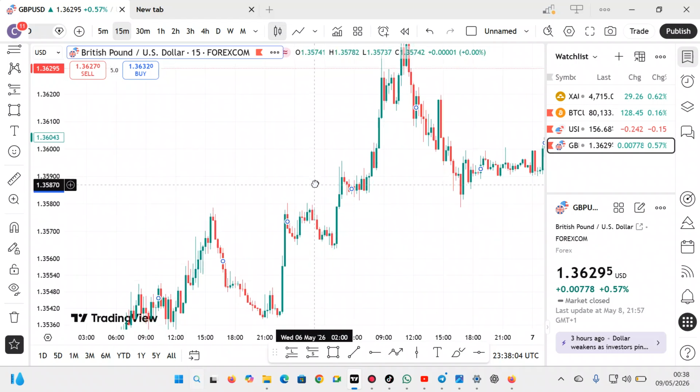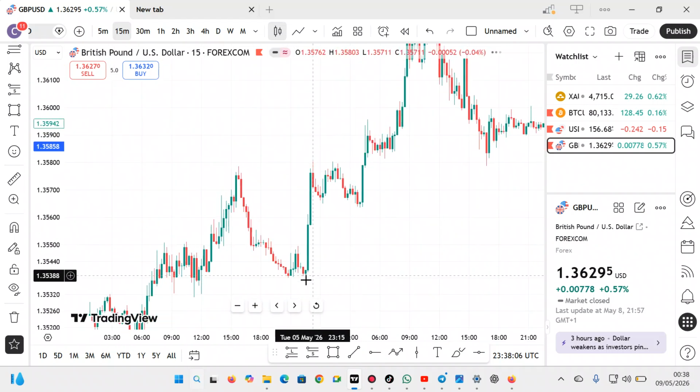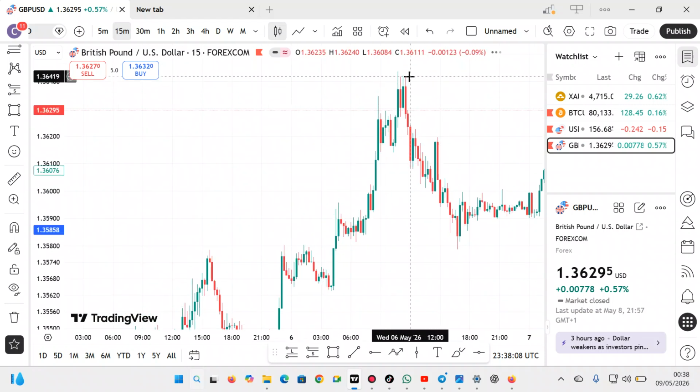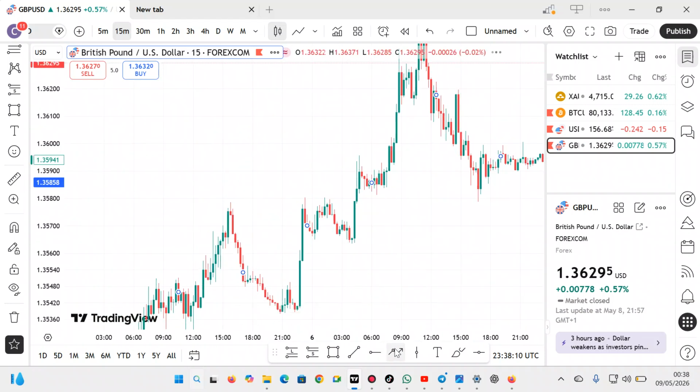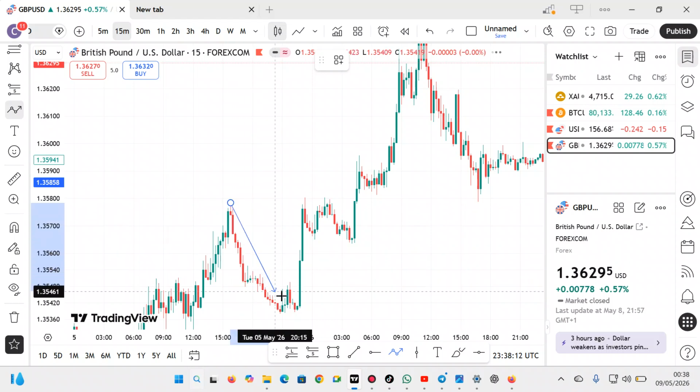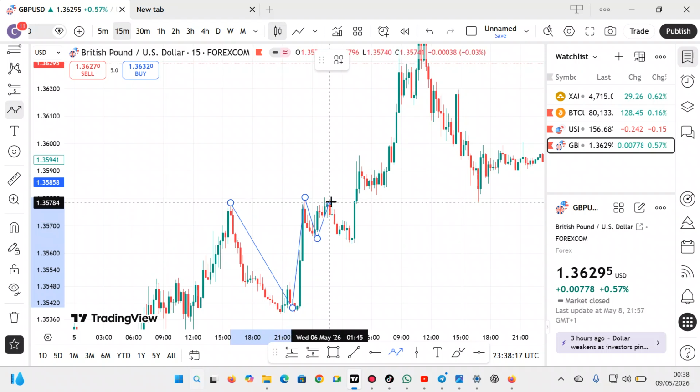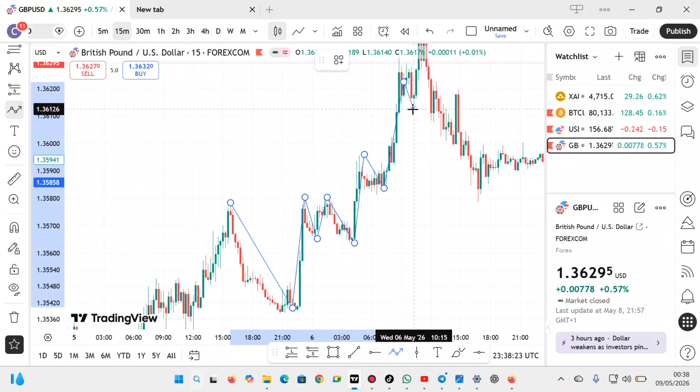If you notice, from this zone all the way to this zone, the market didn't just move all the way up. The market came down, right? Created a higher high, a lower high, a higher low, a lower high, a higher high, like that, till it gets to that particular zone.